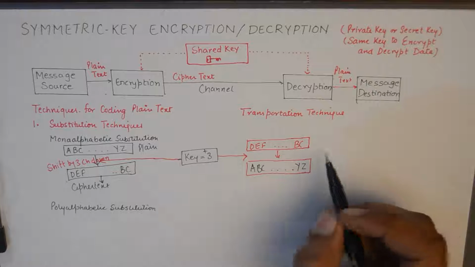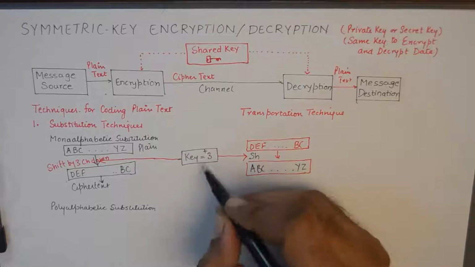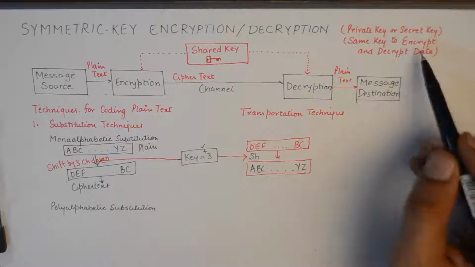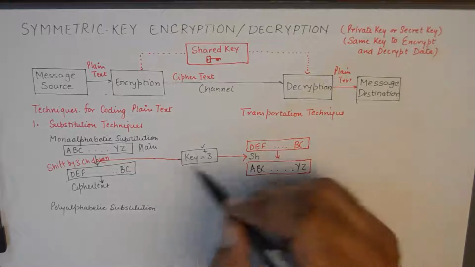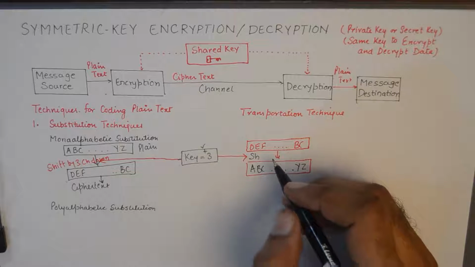The thought process behind this is the fact that the key which was decided upon was the same key to encrypt and decrypt data. Now this receiver which is receiving this ciphertext is a trusted receiver.